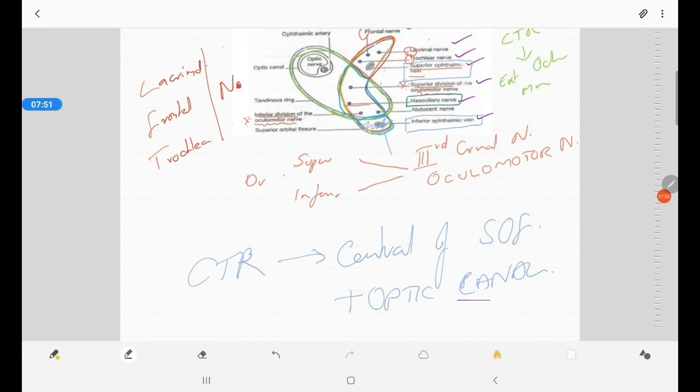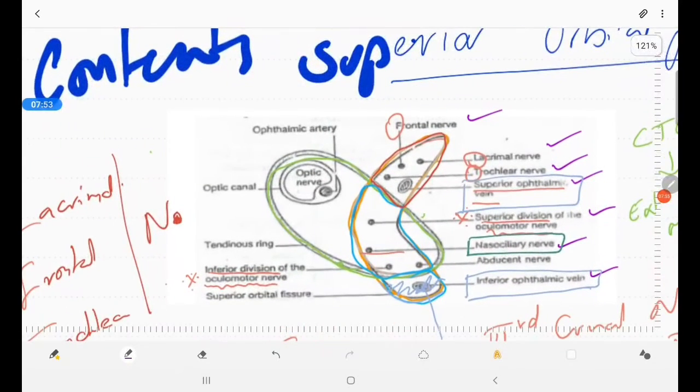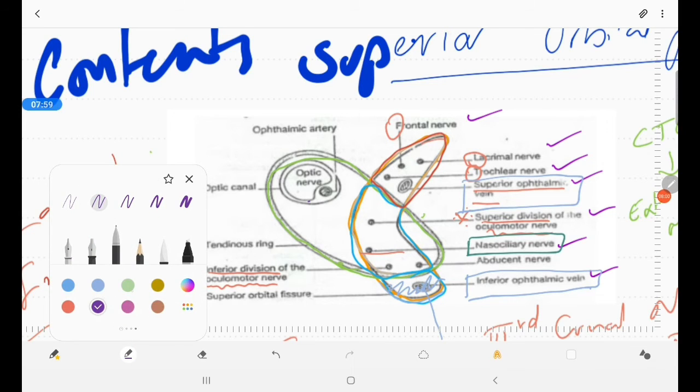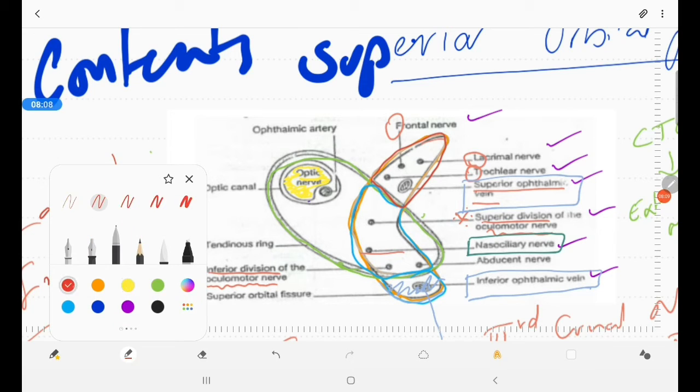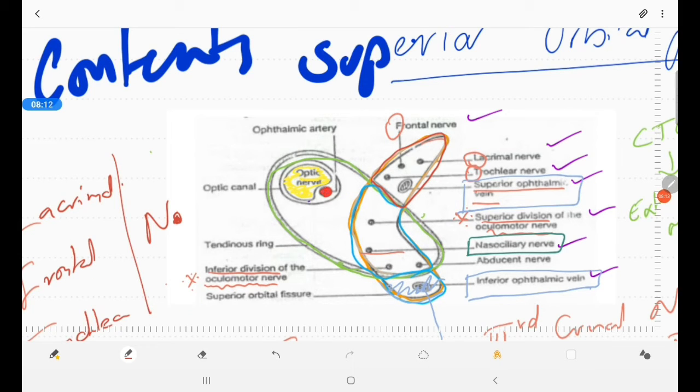So optic canal means, as you can see in this diagram, it is the optic nerve and the ophthalmic artery.